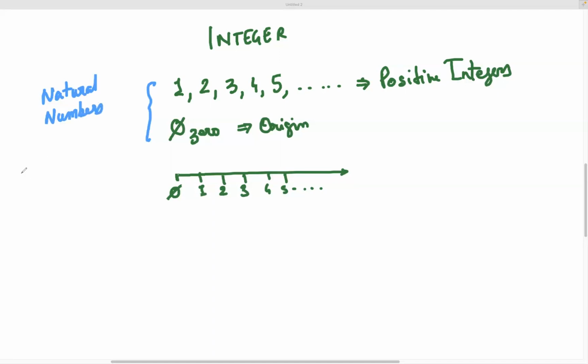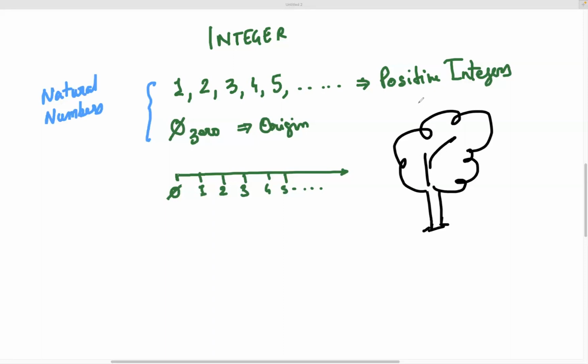Now, an example of using a natural number: let's imagine a tree. On that tree, there are maybe two birds sitting. So when we use the integer values for counting, we would say there are two birds on the tree.